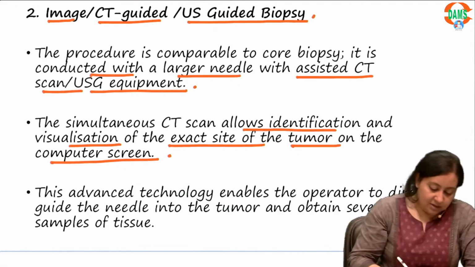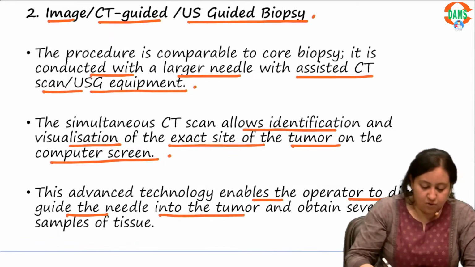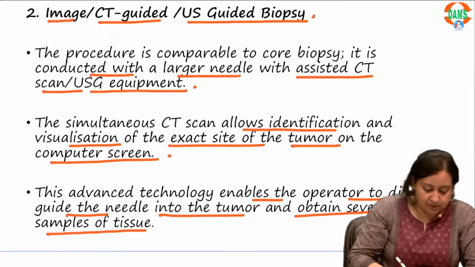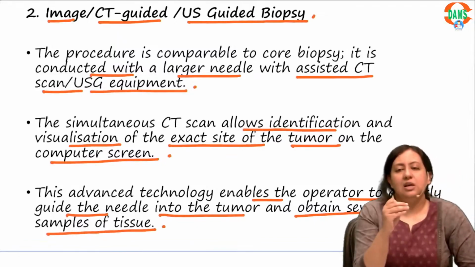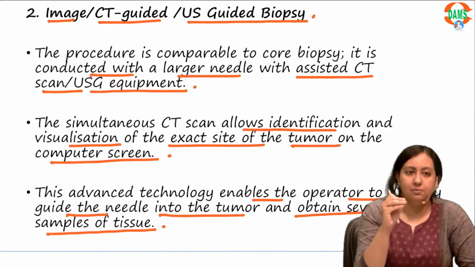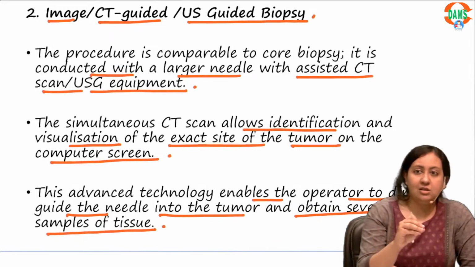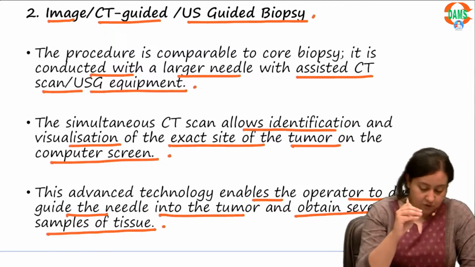This advanced technology enables the operator to directly guide the needle into the tumor and obtain several samples of tissue. So basically, what is image guiding helping you in? It is helping you in precision. It is helping you to reach your site of interest accurately.